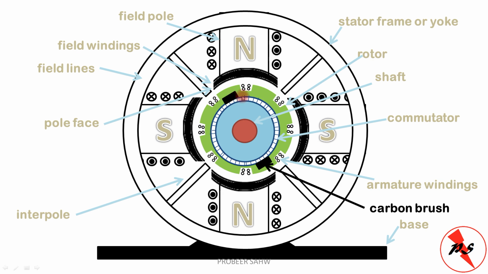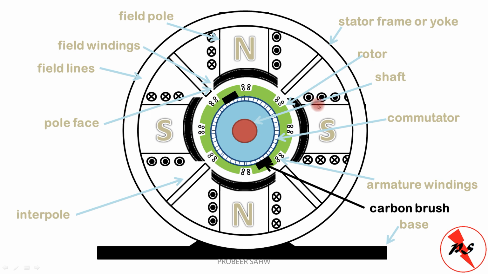Now we put carbon brushes on the commutator. The purpose of the carbon brush is that when the commutator collects AC current from the armature winding, it will be converted to DC at the carbon brush. So the carbon brush acts as the path to the outer terminal. The commutator collects the current from the armature in the form of AC, and when that goes out of the carbon brush, the current will be DC in nature.